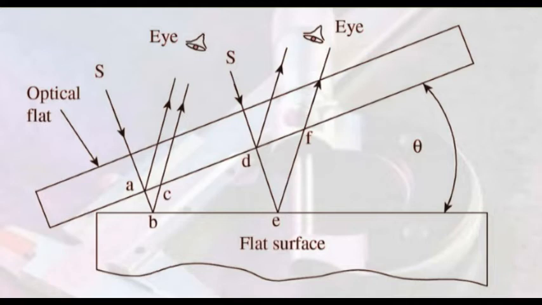So if we consider this optical flat and flat surface, we are testing the flatness of the surface. In case of perfectly flat, the fringe pattern is regular, parallel and uniformly spaced. If it has any deviations, they indicate errors in the flatness of the surface being measured.